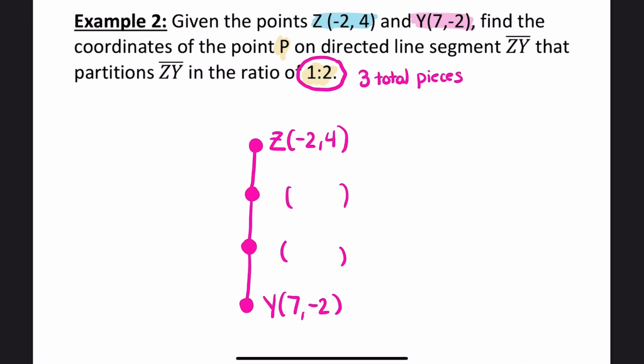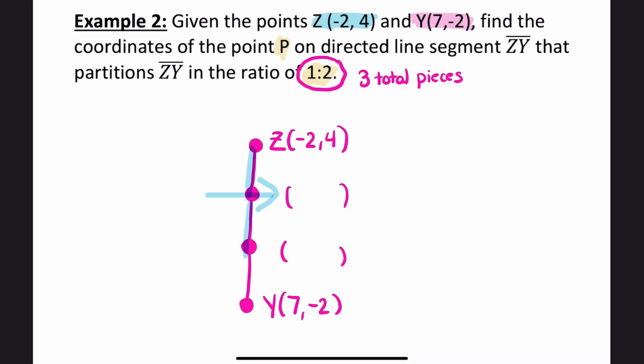Now, if I want it to be split into a ratio of 1 to 2, that means I need one piece on the top and 2 on the bottom. So if I was to put it here, for example, that would be a 2 to 1 ratio. If I was to put it here, now that's a 1 to 2 ratio. 1 point on top, 2 on the bottom, or 1 line segment or congruent piece on top and 2 on the bottom.